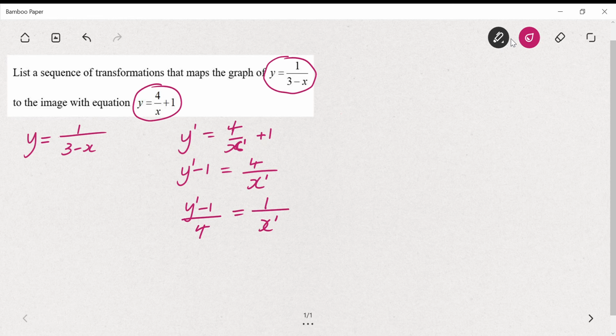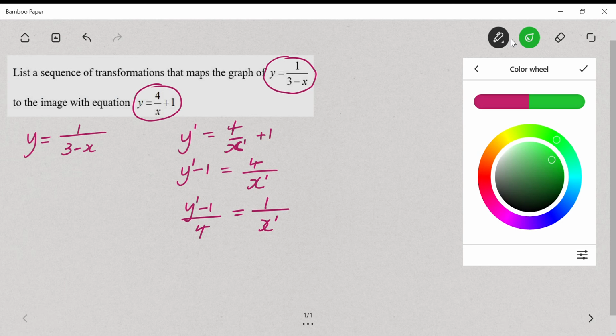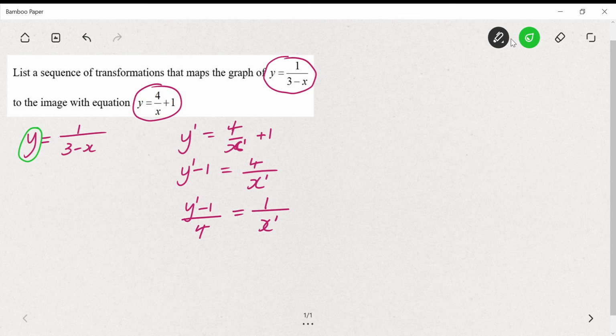Now the right-hand side of the original function and the right-hand side of my transformed function, which has been rearranged, are both in the same format. And that's going to make it possible to work out what the steps of transformation were. So what I can do is take this y here and say, well, it's turned into y prime minus 1 over 4.